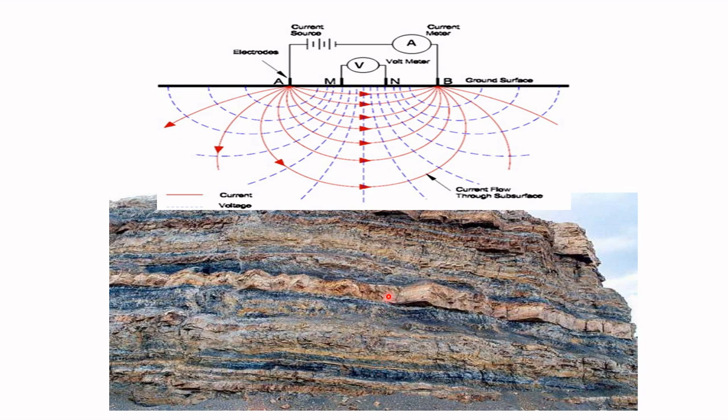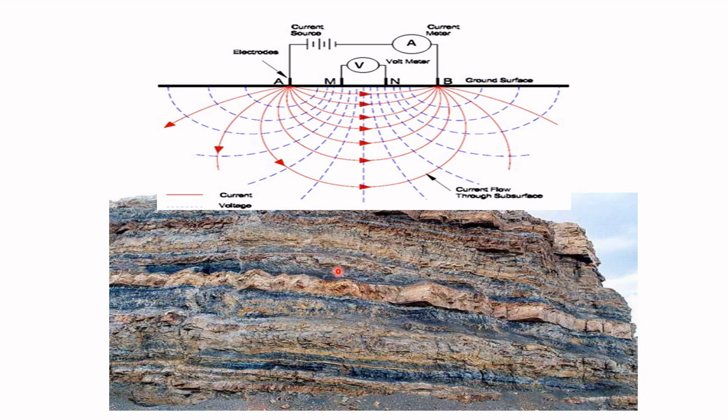Say, if I take the resistivity of this particular block, then I will get the true resistivity. If I say this is homogeneous, that means it is all the same from top to bottom without any kind of impurities. But when you go to the field, you will come across the apparent resistivity.